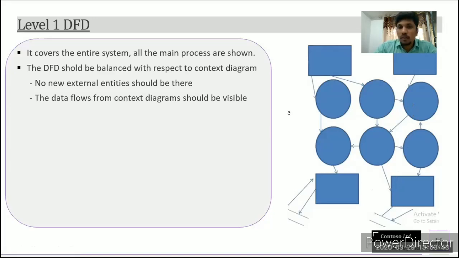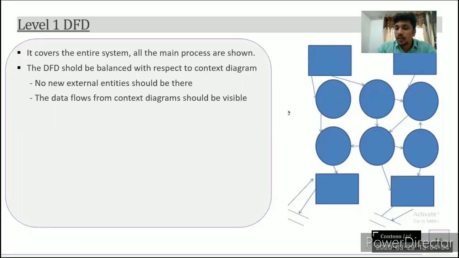One of the basic rules of a level 1 data flow diagram is that the external entities traced in the context level diagram must be presented up to the level n data flow diagram creation. These things are called sub-processes.